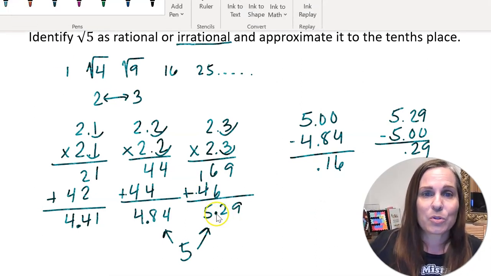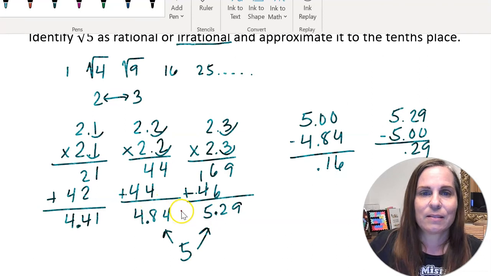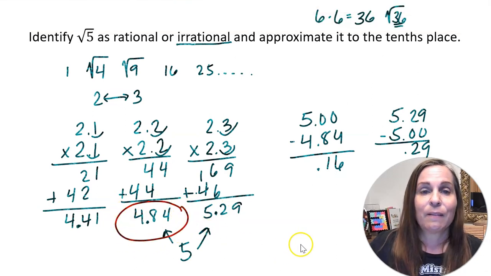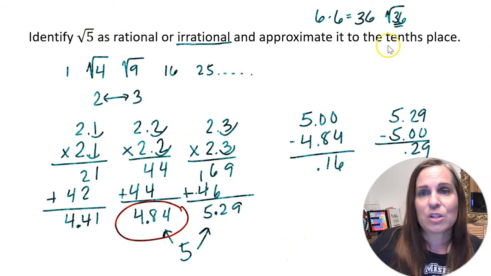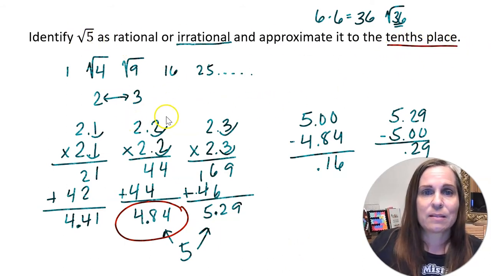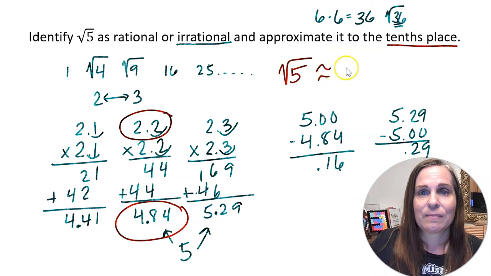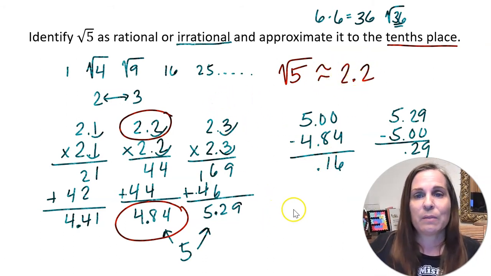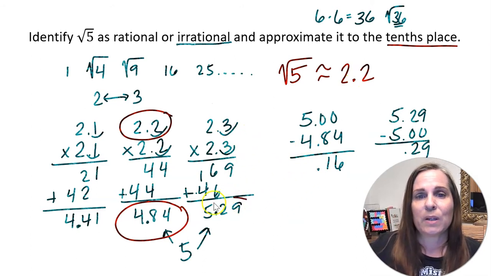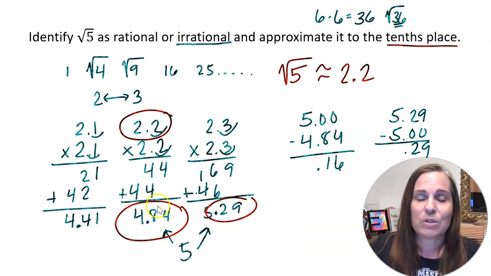So the closer one is 4.84. So the best approximation to the tenths place is 2.2. Because when we tried 2.3, it was too big, right? 2.2 times 2.2 is closer to 5.